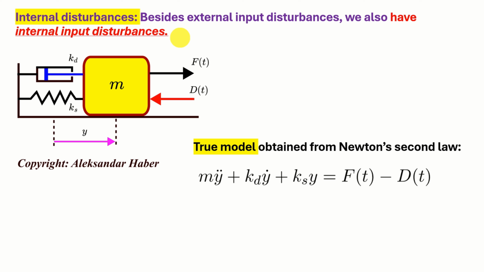Let's again consider our mass spring damper system. And if we write Newton's second law, we will obtain this ordinary differential equation that describes the dynamics of the mass spring damper system. In this differential equation, Ks is the spring constant, Kd is the damping constant, m over here is the mass, F is the control force, and d is the disturbance.